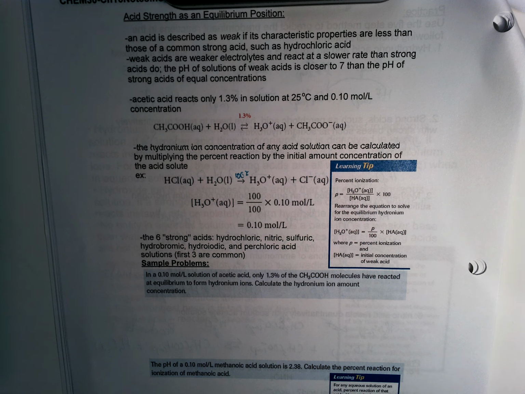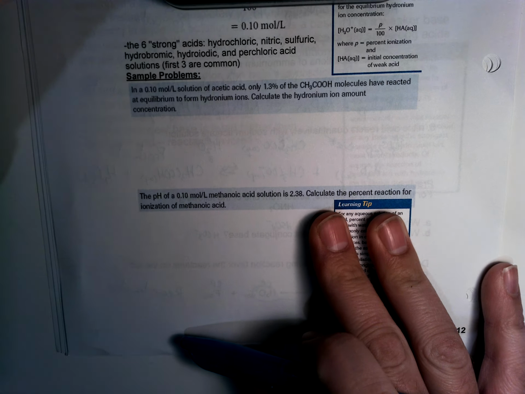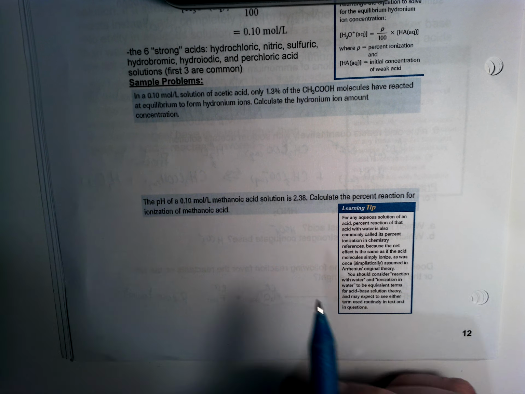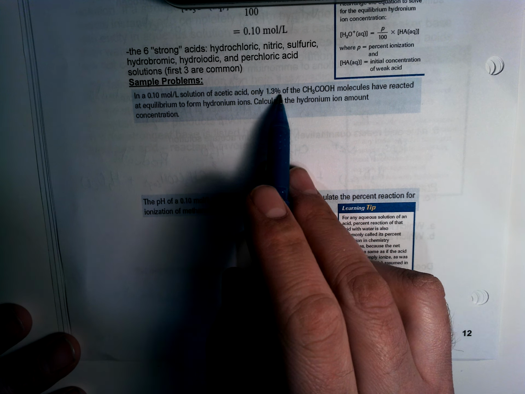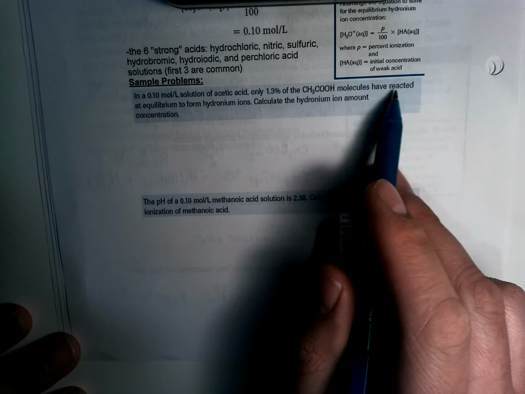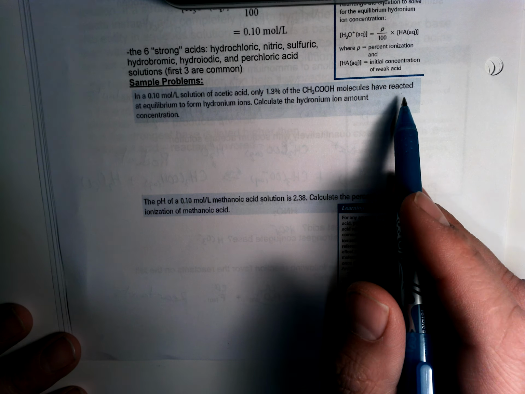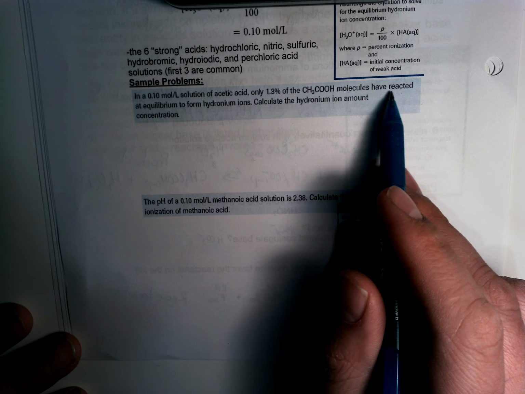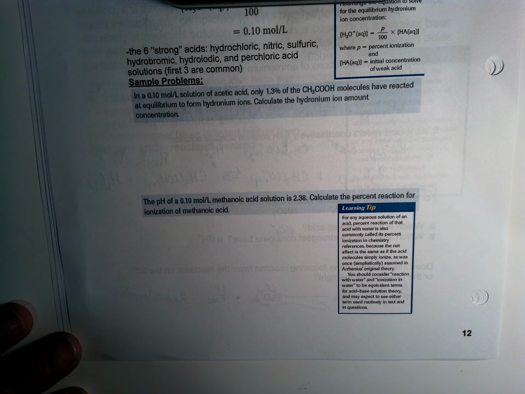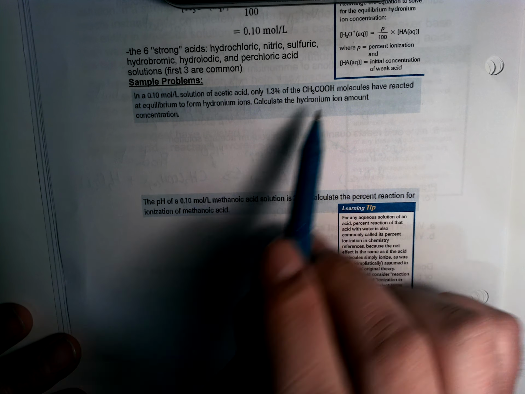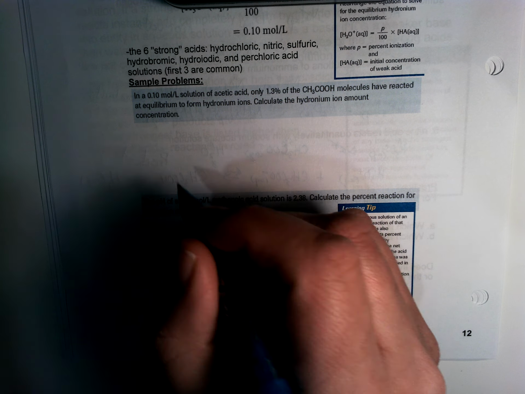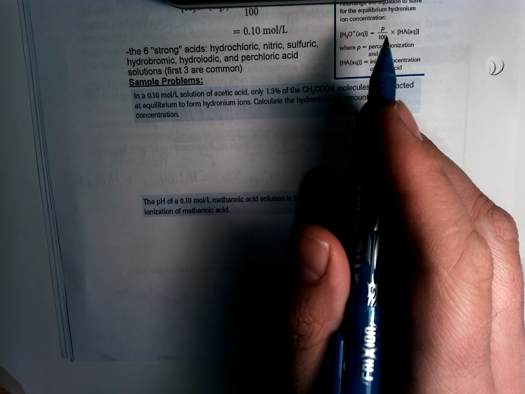Okay, a sample problem here. We have a 0.1 mole per liter solution of acetic acid. Only 1.3% goes on to produce products, which have reacted at equilibrium to form hydronium ions. Calculate the hydronium concentration. We're going to use the formula from up here.